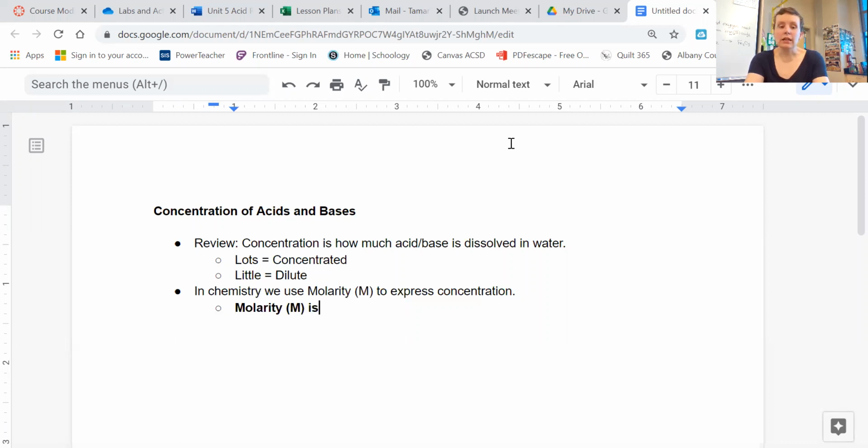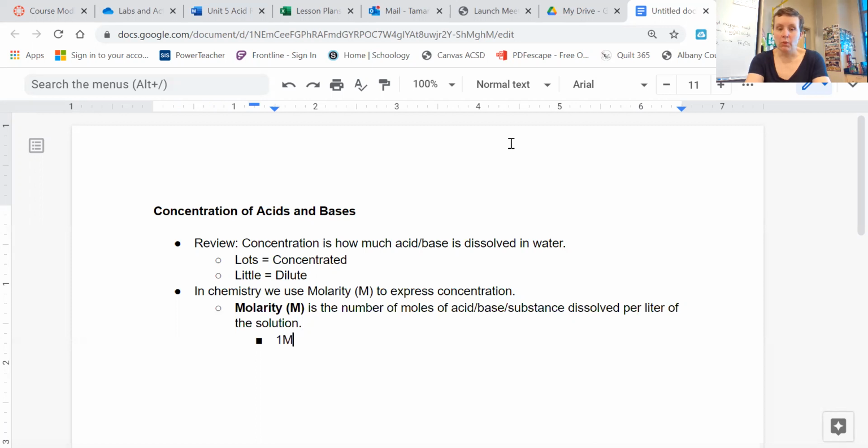So molarity is the number of moles of acid or base or substance dissolved per liter of the solution.